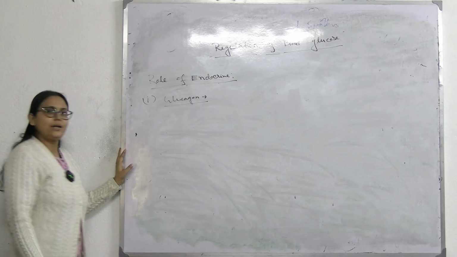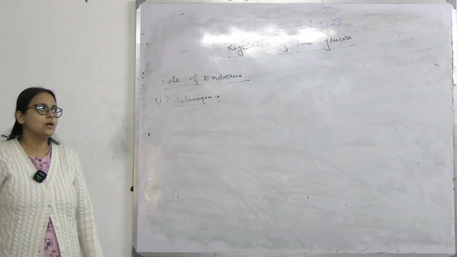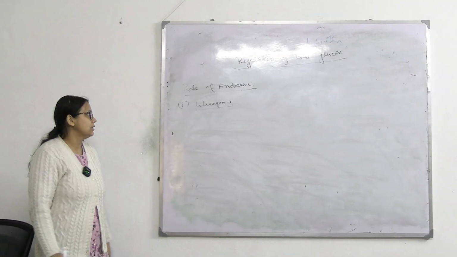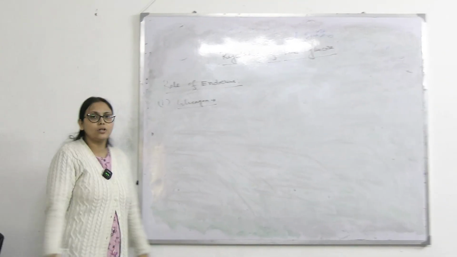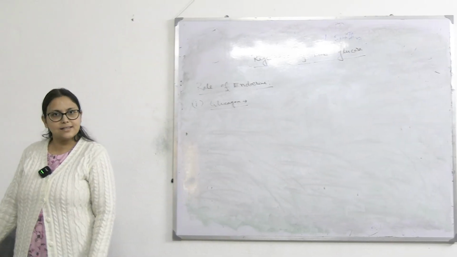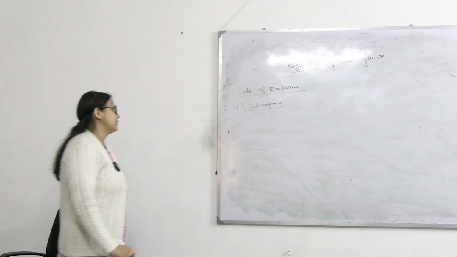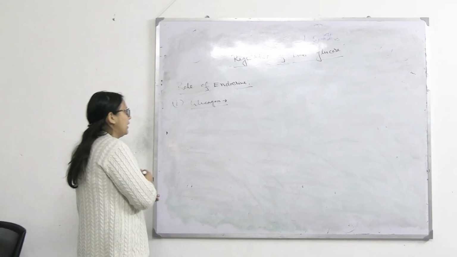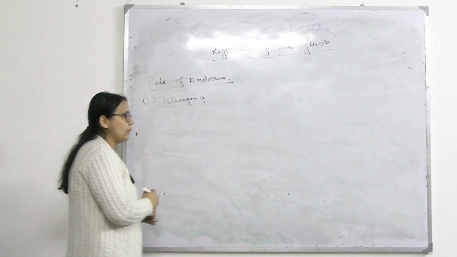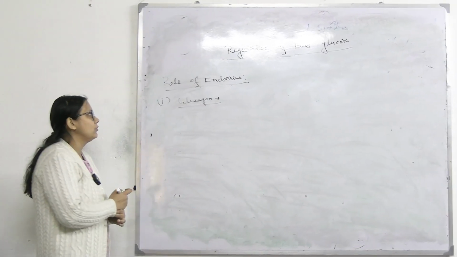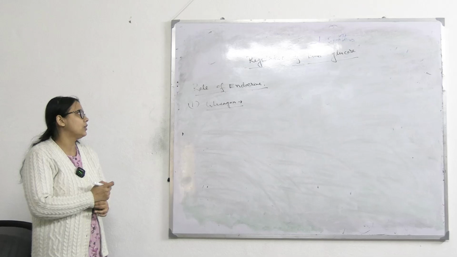Glucagon is a peptide hormone secreted from alpha cells, and the stimulation for glucagon secretion is hypoglycemia. So glucagon is synthesized from alpha cells when blood glucose level starts falling.